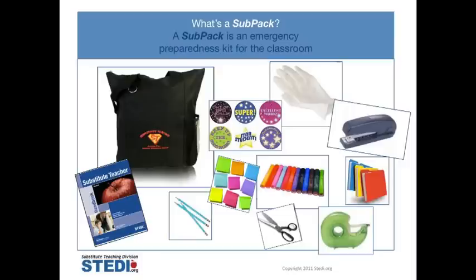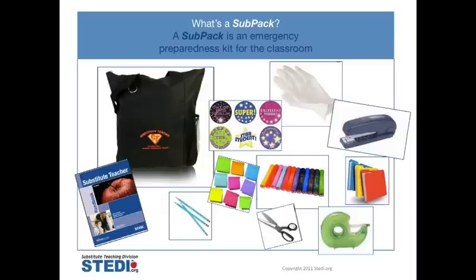You'll also see office supplies, the pencils, scissors, tape, staplers, things that should be in a classroom, but when you need them most, they just don't happen to be there. You'll also see the plastic gloves in case you find yourself in a situation where you're coming in contact with bodily fluids.